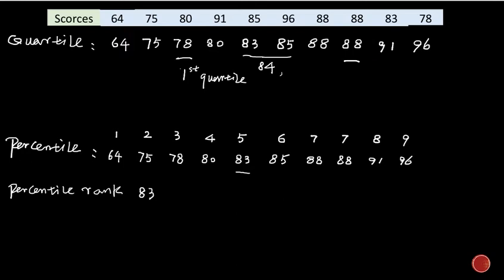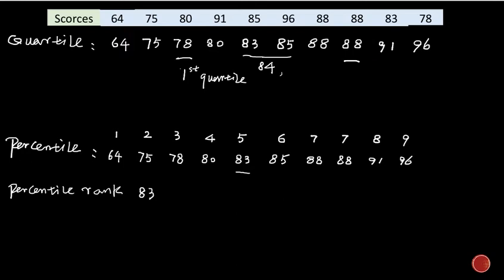This is a little bit tricky. We have 10 data points, but because these two scores are the same, the position or the number rank, not percentile rank, number rank, we denote 1, 2, 3, 4, 5, 6, 7, 7, 7, 8, 9.